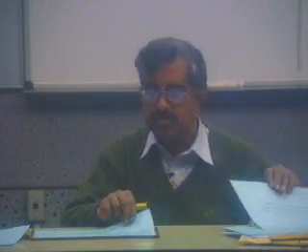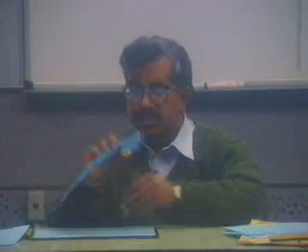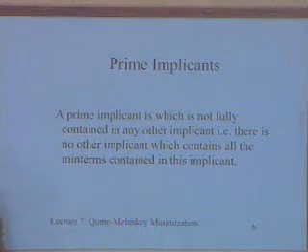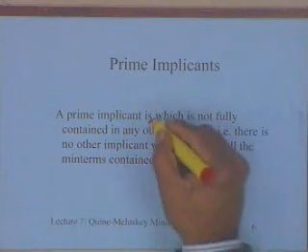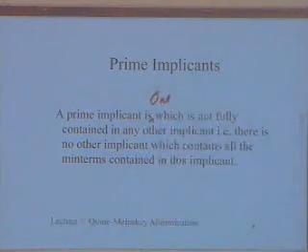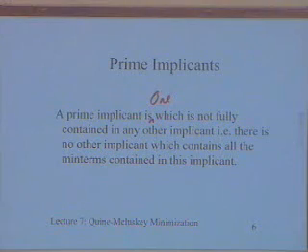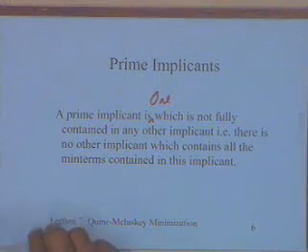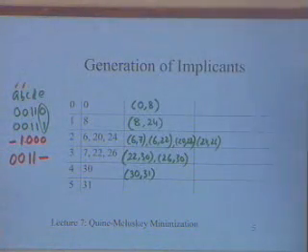Let me define what prime implicants are. These are all implicants. A prime implicant is one which is not fully contained in any other implicant. That is, there is no other implicant which contains all the minterms contained in this implicant. So even a minterm can be a prime implicant.